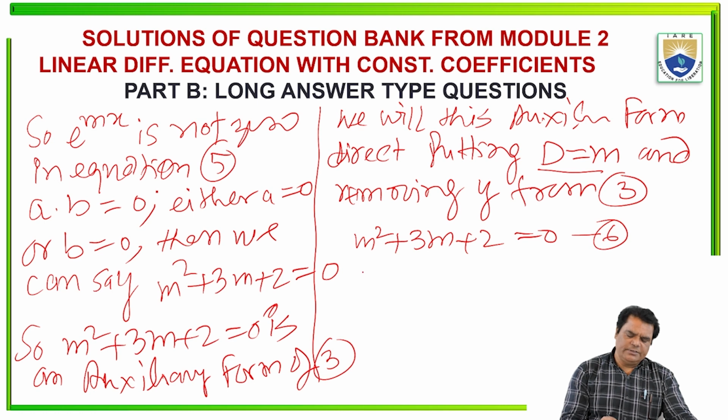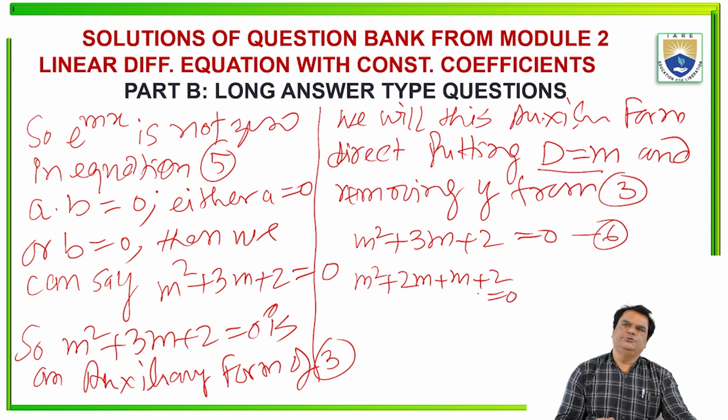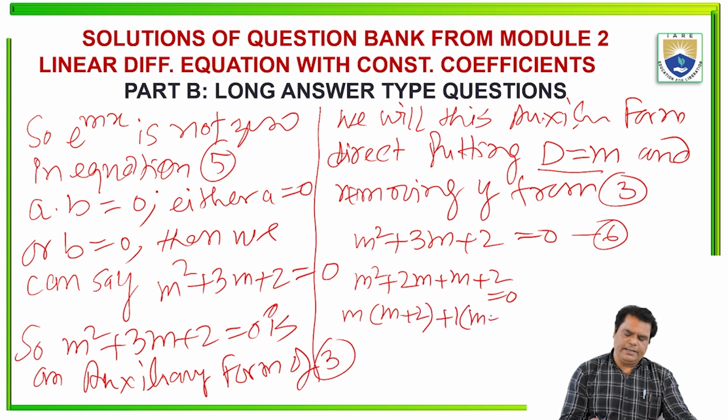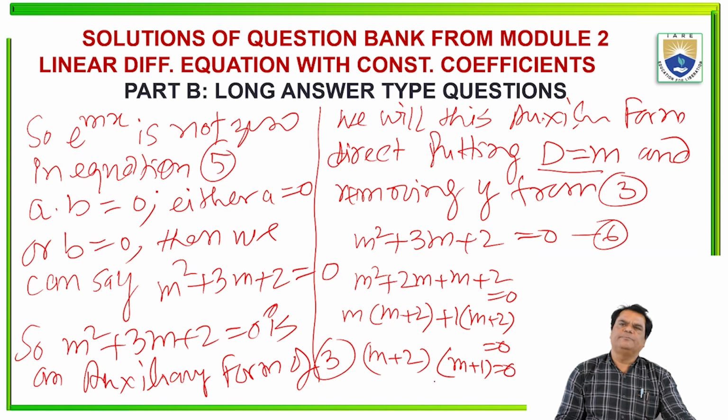Factorizing this, m square plus 2m plus m plus 2 equal to 0. So m common, m plus 2, plus 1 common, m plus 2 equal to 0. So m plus 2 is common and m plus 1 equal to 0.